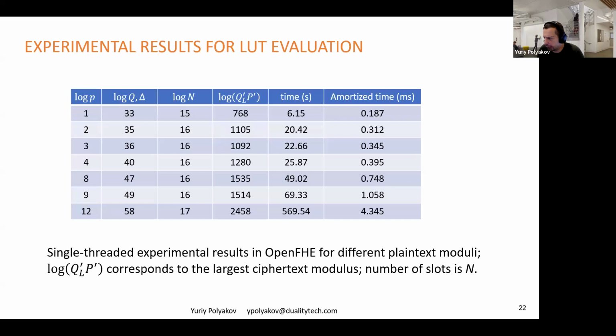So think of it as a BFV ciphertext. Is, let's say, even for 8 bits of precision, we're under 1 millisecond, which certainly is better than any prior results. And the latency here, of course, is more significant.